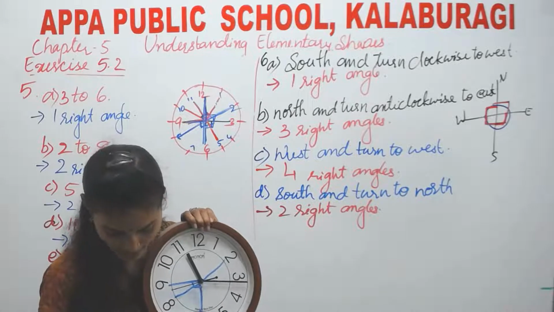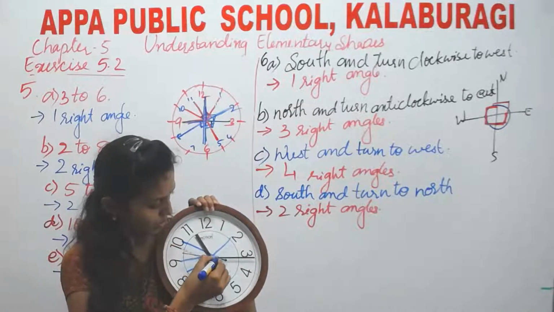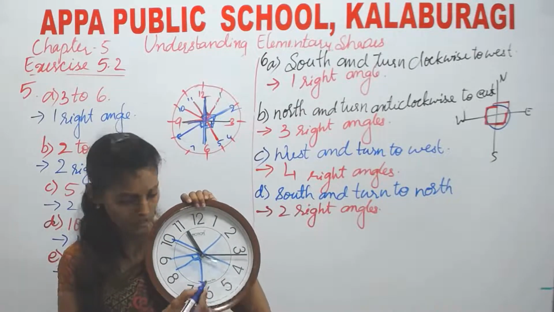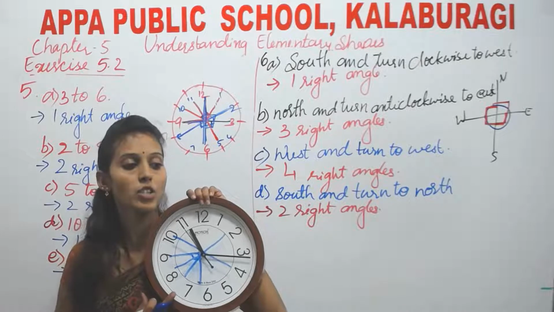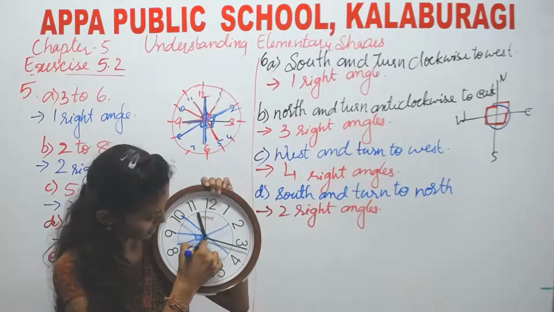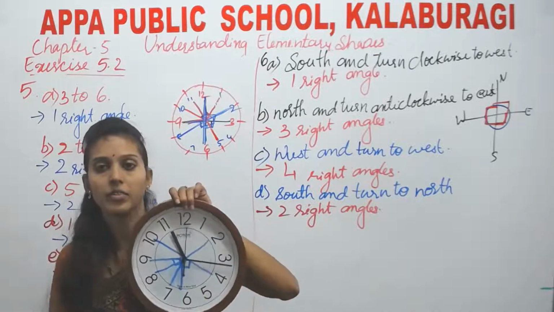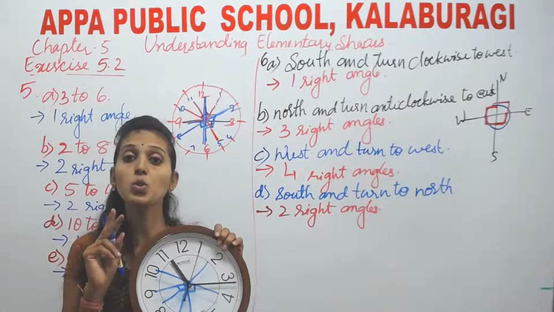Next, from 10, 3 right angles. From 10, 2 right angles is one straight angle, and from here one more right angle. Where will it stop? It stops at 7, okay? Right? Next, 7 and 2 straight angles.